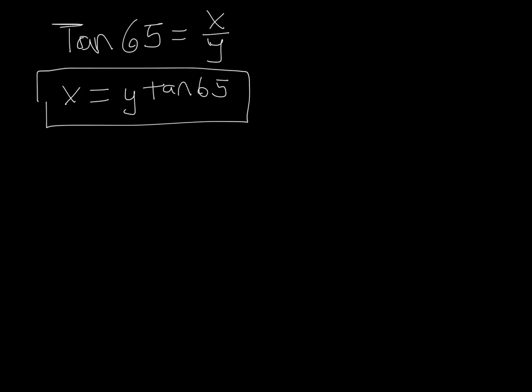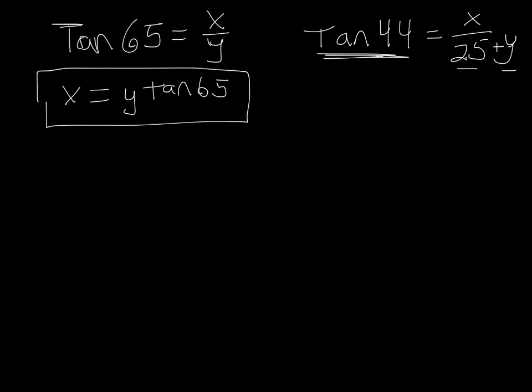Then you could have written that the tangent of 44 degrees is equal to x over 25 plus y. In order to eliminate that denominator, you need to multiply through by it on both sides. So we're taking this tangent of 44 and multiplying it by the 25 as well as the y.